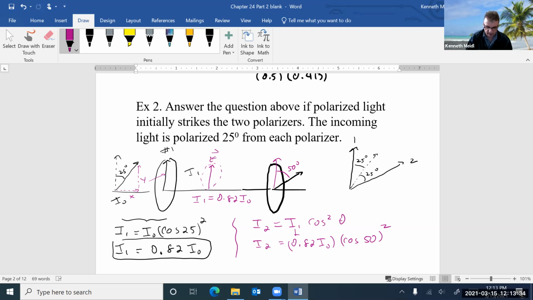So cosine of 50, squared, times 0.82, and I think I'm getting something like about 34%. Something like that. Okay, so it's important whether the light is polarized or not here.